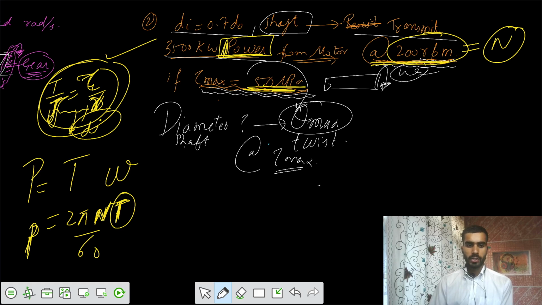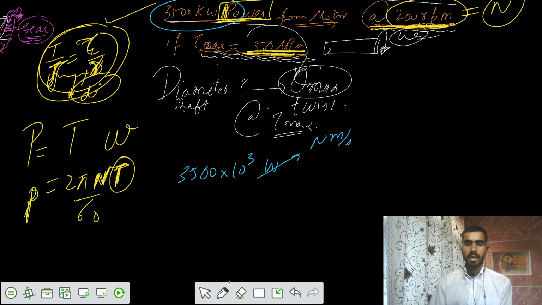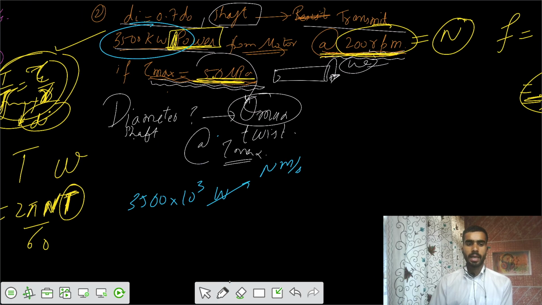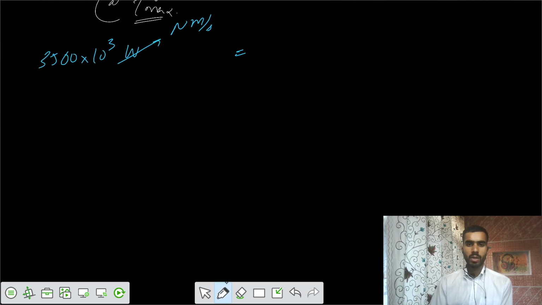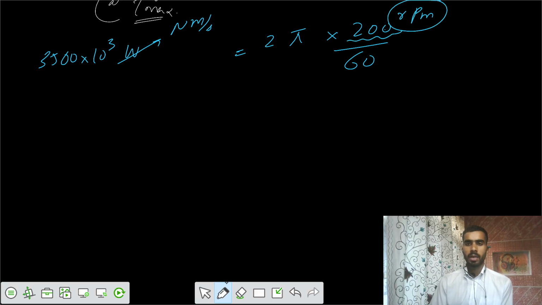So I would write the power equals 3500 into 10 to the power 3 watts. The unit of watt is Newton meter per second, so let's keep it in terms of Newton meter per second, and that should equal 2 pi nT by 60. Here, n you have to keep in rpm, because you have already divided by 60.